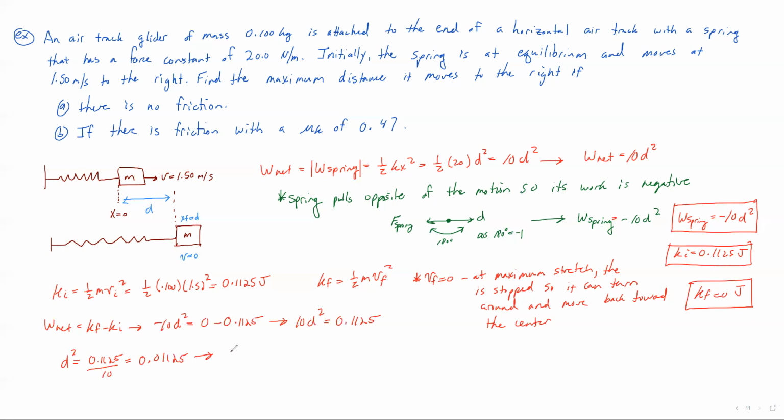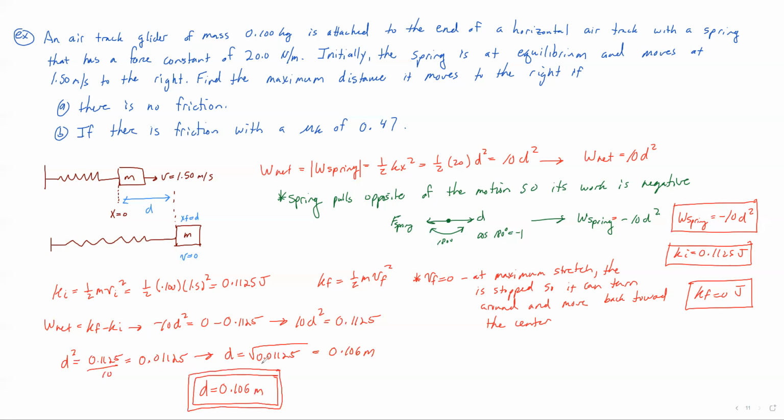But I don't want d squared, I want d. The square root of 0.01125, when you work that out, is 0.106 meters. So the spring will stretch 0.106 meters when there's no friction. So that's part A's answer. Double box it.